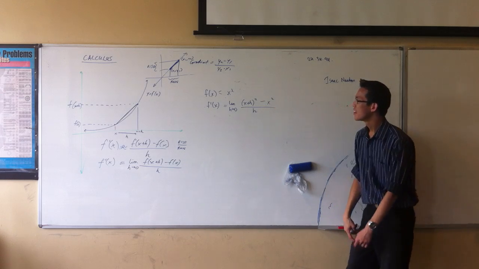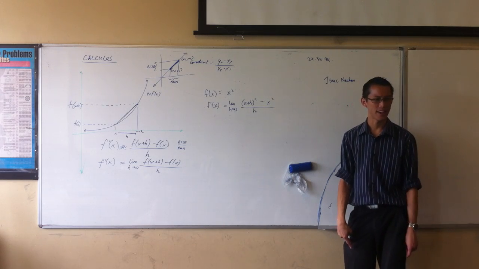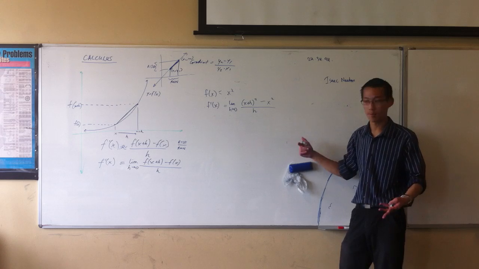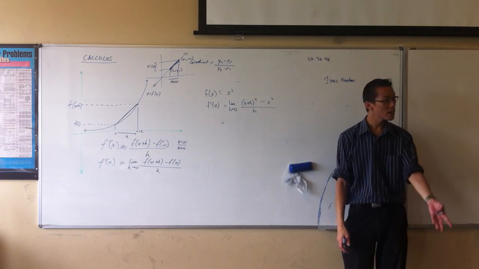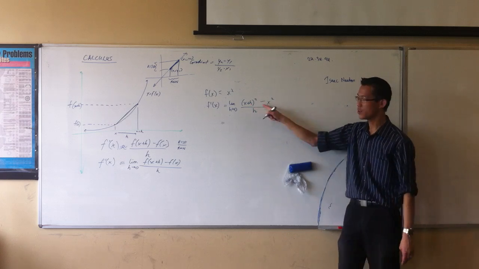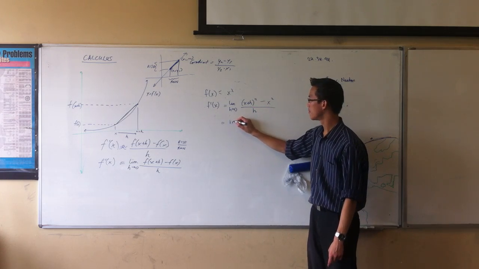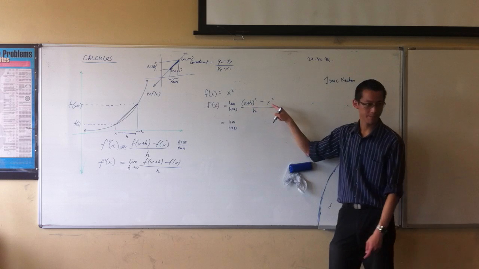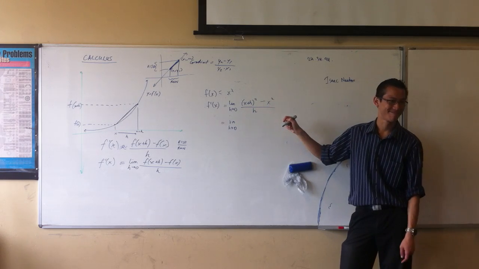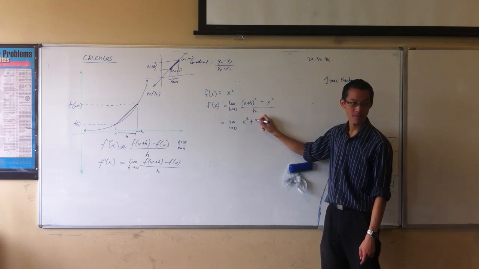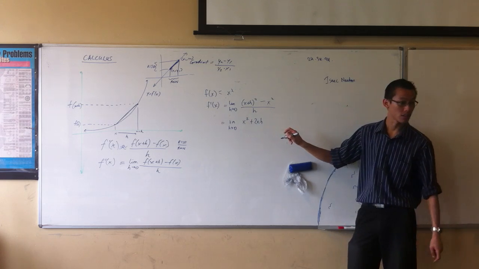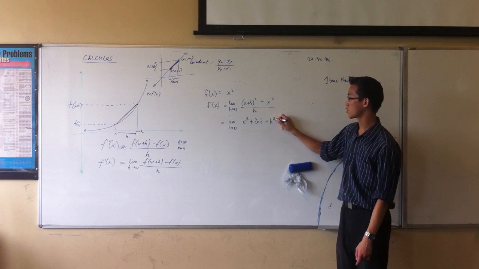Now that doesn't look very helpful. So can I do anything with this to make it simpler? Well, you can work with this algebra. When you expand this thing out, what do you get? I've got an x squared first, then twice the product of the two things, and then an h squared.